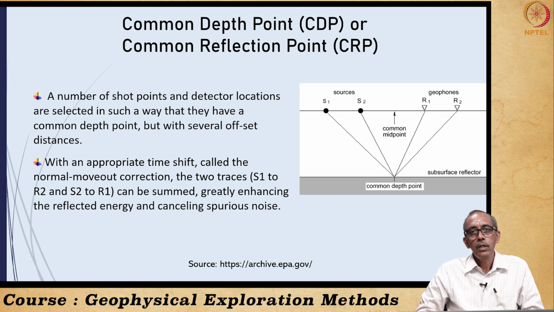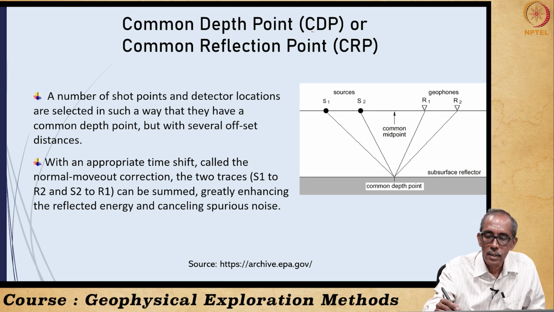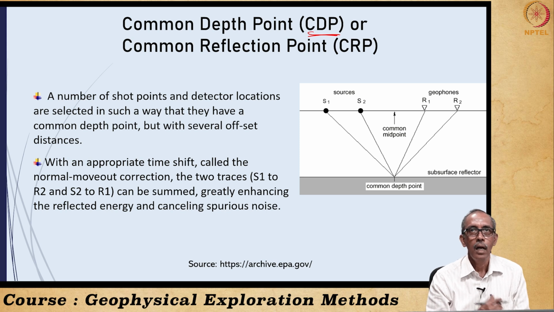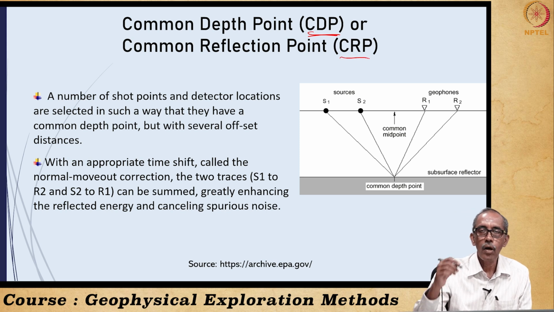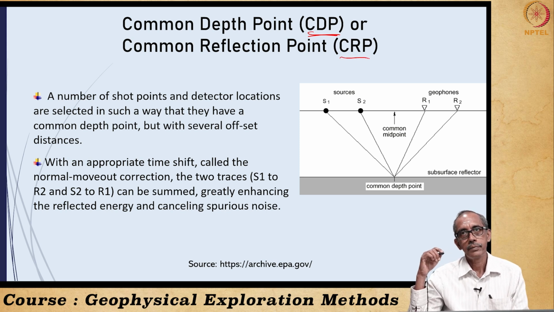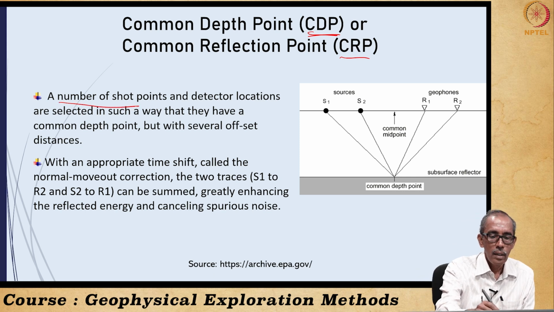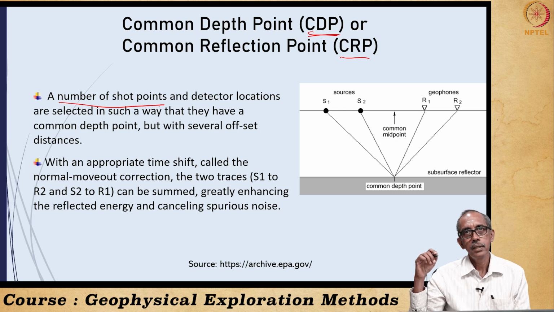Now we will continue with another interesting method of carrying out the investigation, which is often called CDP, which is common depth point sounding or common reflection point sounding. As you see in the picture here, we have a number of shot points as well as detector locations.